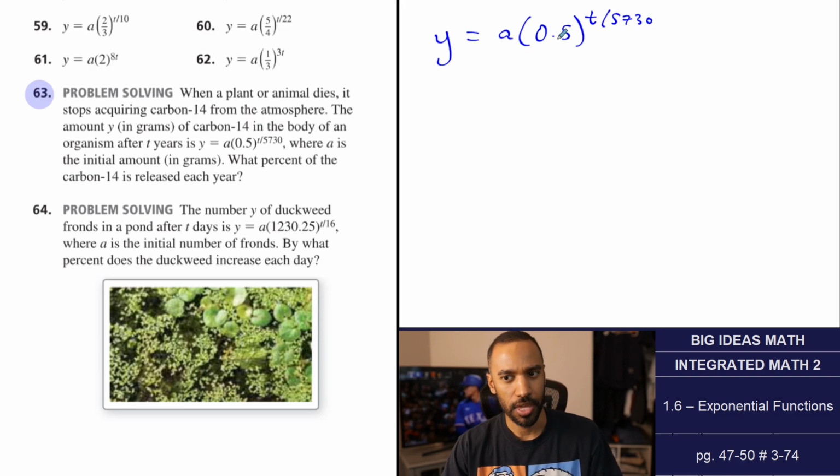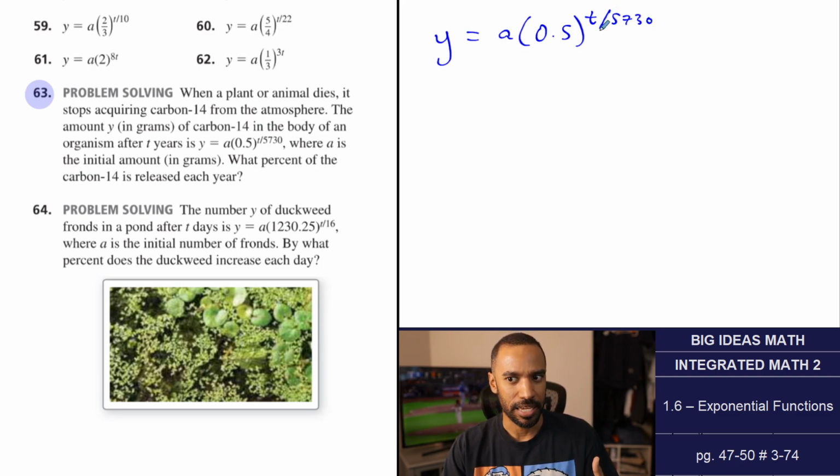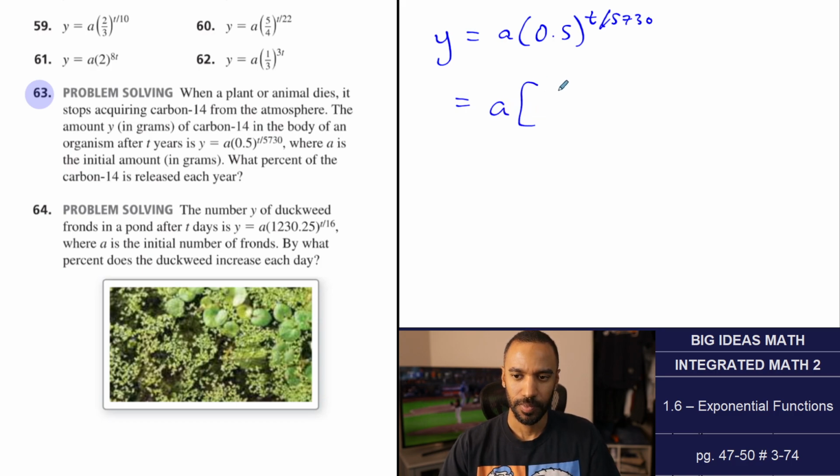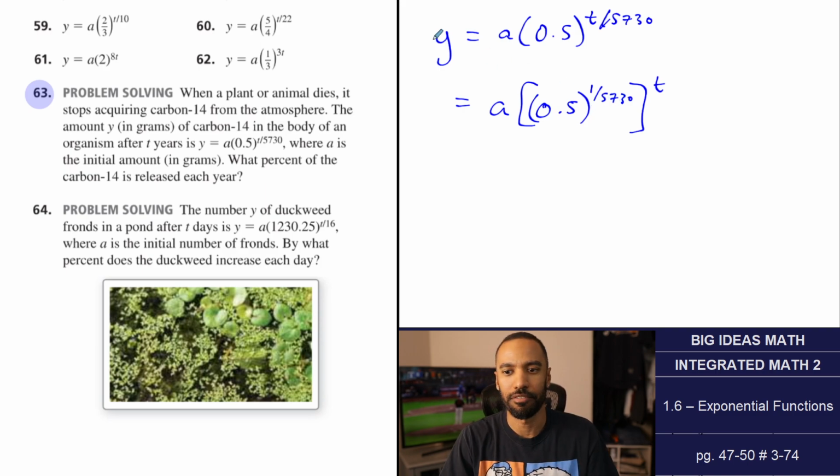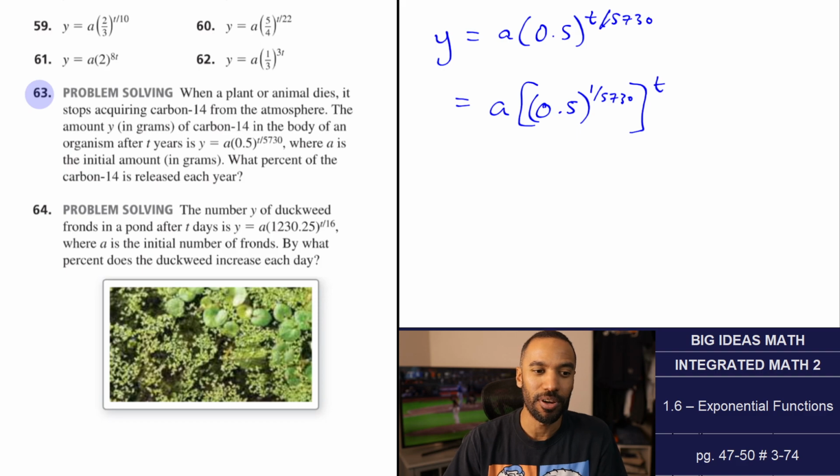But we're doing the same thing as before. We basically have to figure out what b is when there's only a t up here. So we will do A times 0.5 to the 1 over 5730 power, all raised to the t power. Basically the 5,730th root of 0.5.